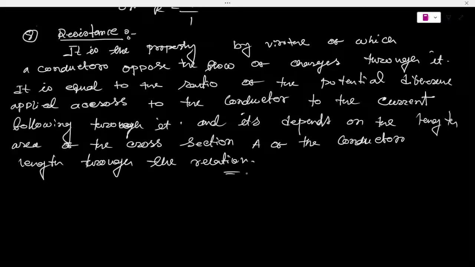So resistance is the property by which a conductor opposes the flow of electric charges through it, and it is equal to the ratio of the potential difference applied across the conductor and the current flowing through it. It depends on the length and area of the conductor.